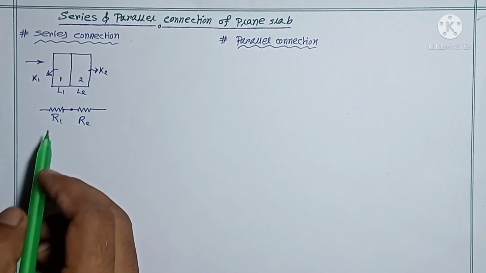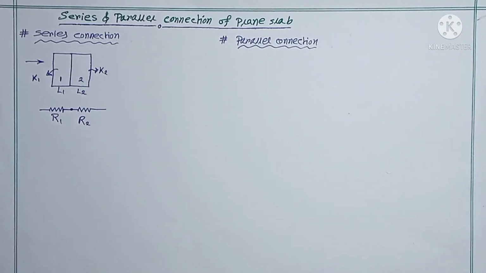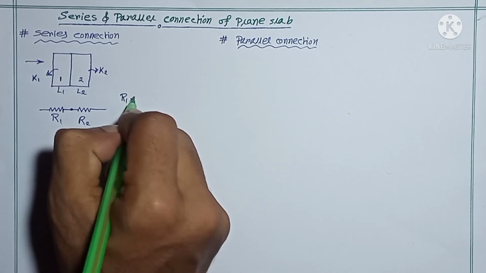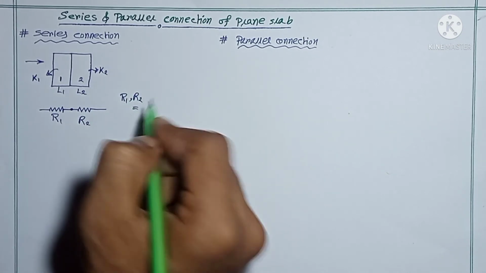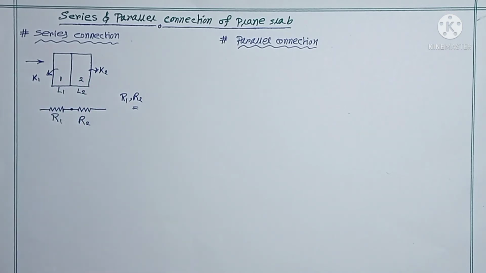Now don't consider these as electrical resistances. These are called conductive resistance or convective resistance, but in this case these are conductive resistances. Why are these conductive resistances in this case? Because here we are talking about slabs, meaning solid to solid.